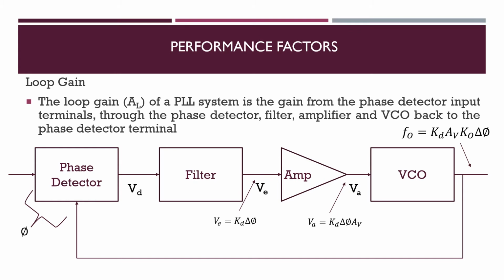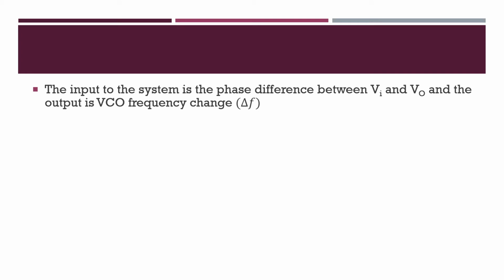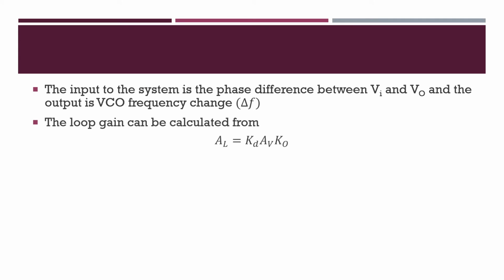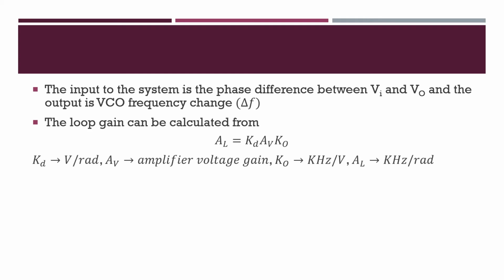The input to the system is the phase difference between Vi and V0, and the output is the VCO frequency change delta F. So the loop gain AL is F0 divided by delta phi, equal to Kd Av K0, where Kd is the phase detector sensitivity in volts per radian, Av is the amplifier voltage gain, K0 is the voltage to frequency constant in kilohertz per volt, and AL is the loop gain in kilohertz per radian, since it is frequency divided by the phase angle.